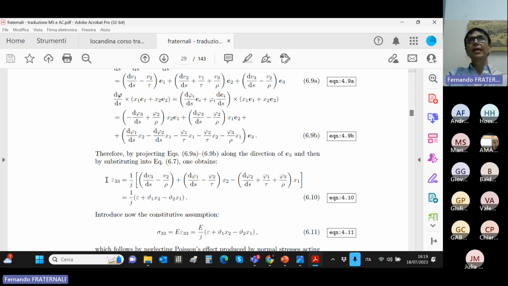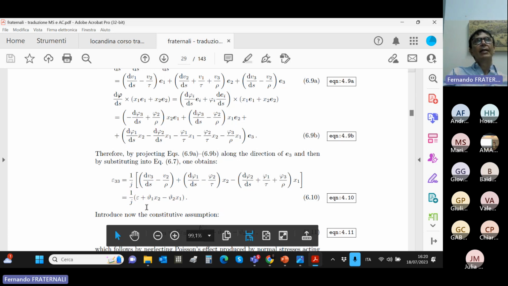As you see, in the end, it is not dramatically different from that of the straight beam, because in the straight beam, this J is equal to 1, which is the Jacobian of the transformation from curvilinear coordinates to Cartesian coordinates. In the straight beam, you use Cartesian coordinates, you don't need this Jacobian, which is 1. In this case, J is not 1.